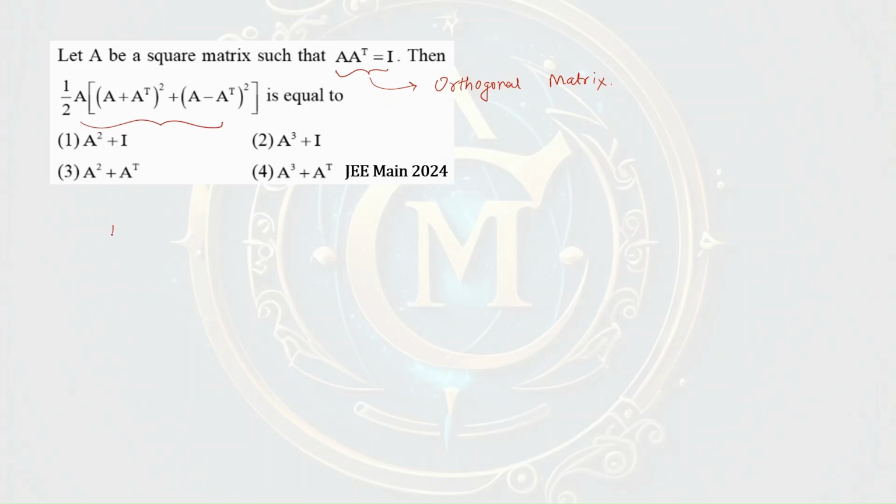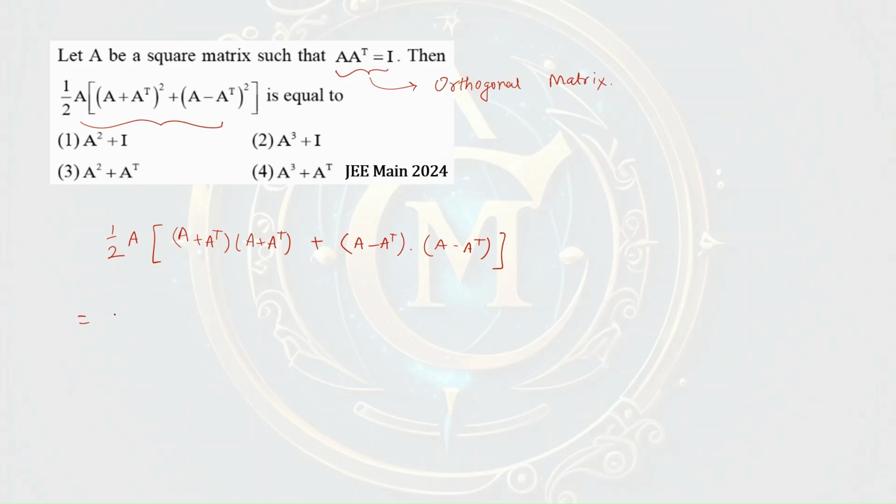Now we know that the square of the matrix is denoted by the multiplication of the matrix with itself. So we have to multiply this matrix with itself and then plus A minus A transpose multiplied by itself.